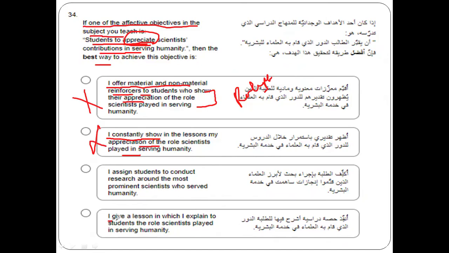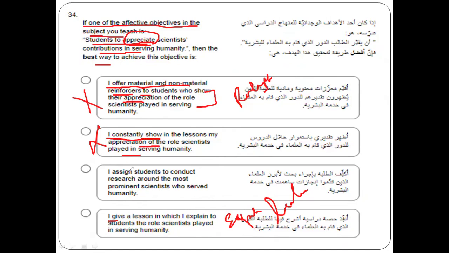I give a lesson in which I explain to the students the role scientists play. This is an explanation, again the lecturing method. In this lecturing method, you are just talking, which is not an effective method. This is not the best way.